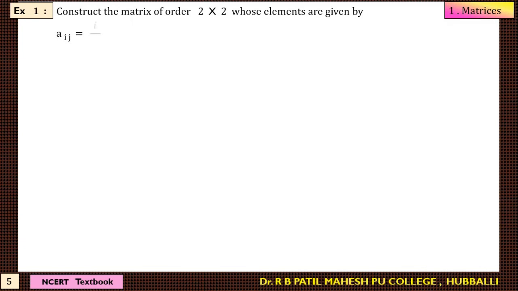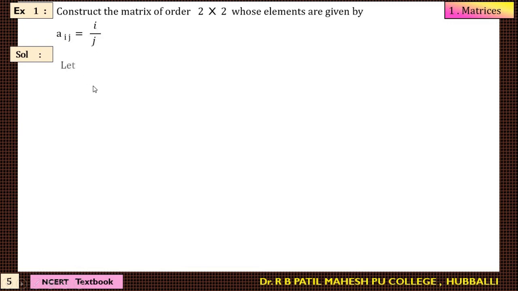Now let me solve some examples on matrices. Construct the matrix of order 2 cross 2 whose elements are given by aij is equal to i upon j. So students, here you have to write the matrix of 2 cross 2 order, but the elements of the matrix we have to find using this formula i upon j.